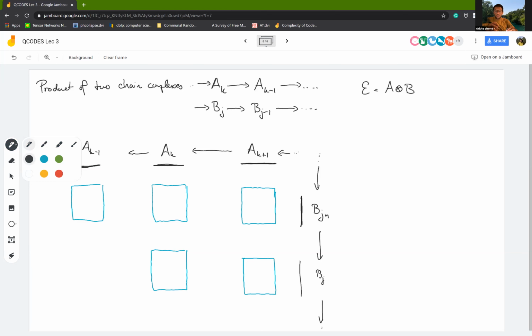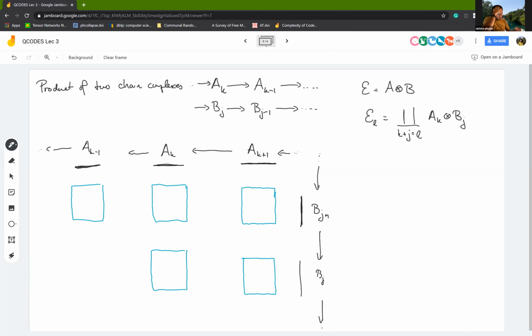So every point can be identified as a point coming from A_{k+1} and every point coming from B_{j+1}. Okay. And here's what I'm going to define. I'm going to say the nth level of my product is going to be the disjoint union over k plus j equaling l of A_k tensor B_j.